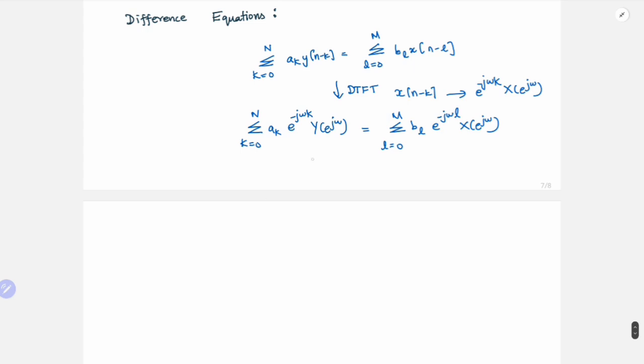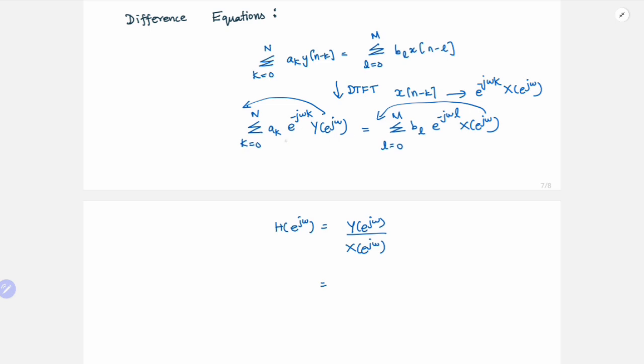If I want to get the transfer function H of e power j omega, which is nothing but Y of e power j omega divided by X of e power j omega, since X does not depend on the summation, I can take it outside.